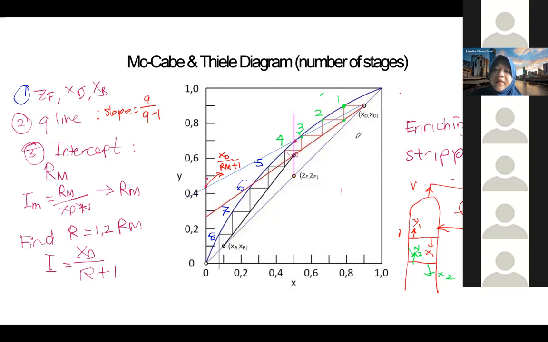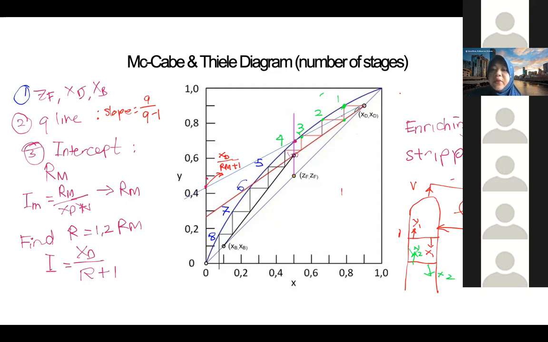Nadifa, if we use a partial condenser, what is the number of stages in the distillation column? For the whole thing, it would be 6. Yes, it is 6.